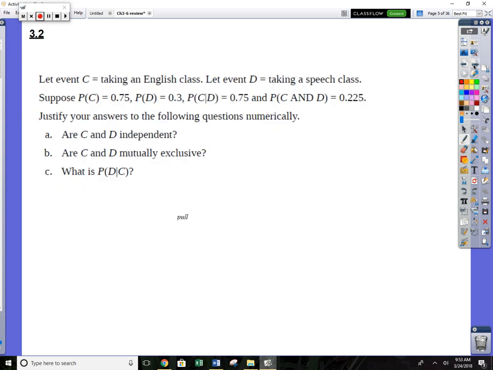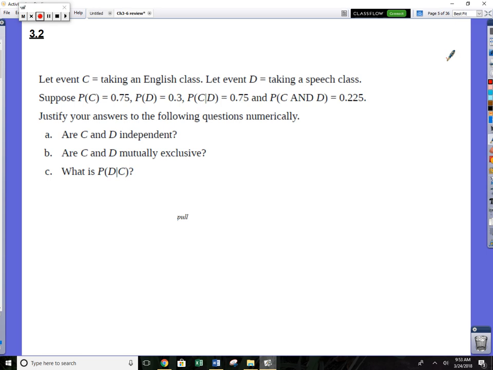Okay, so here we go. Now, they're going to give you some information. Let C equal taking an English class. Let D equal taking a speech class. Suppose the chances of you taking an English class is 75%, speech class is 30%.